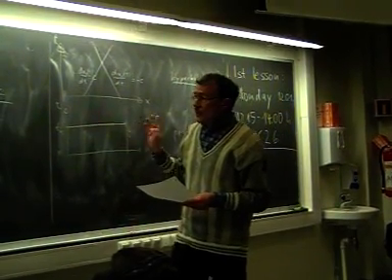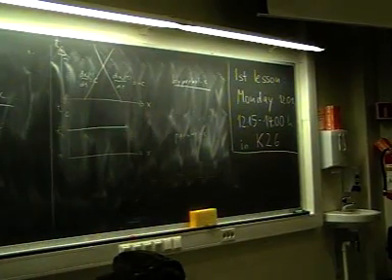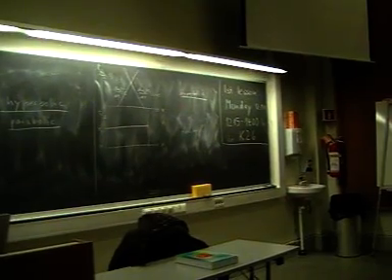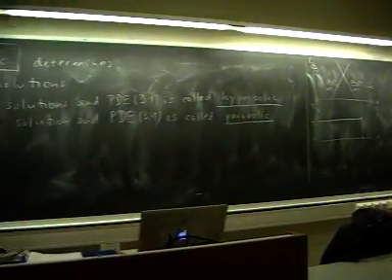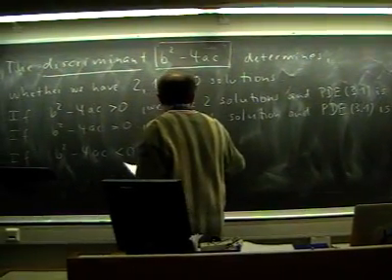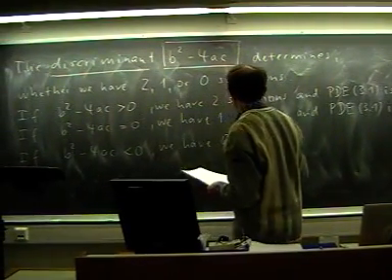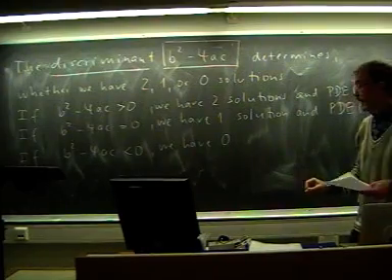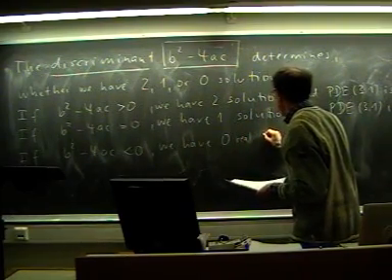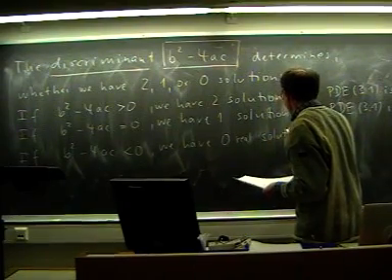So then we have the third case left. And that is if b squared minus 4ac is smaller than 0, we have no real solution.